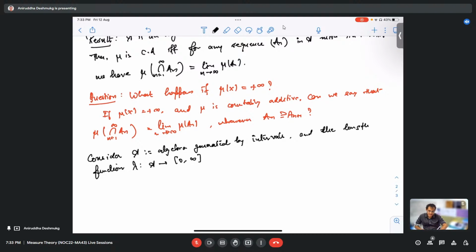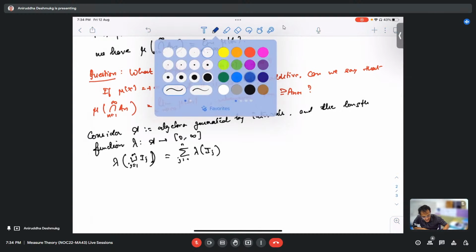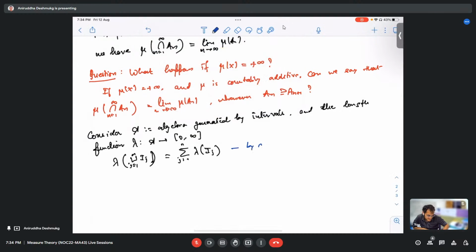So what do I mean by this? An algebra can have unions of these intervals, right? So lambda of a disjoint union of intervals I_j, j from 1 to n, is just the summation of lambda of I_j. So by definition, it is finitely additive.